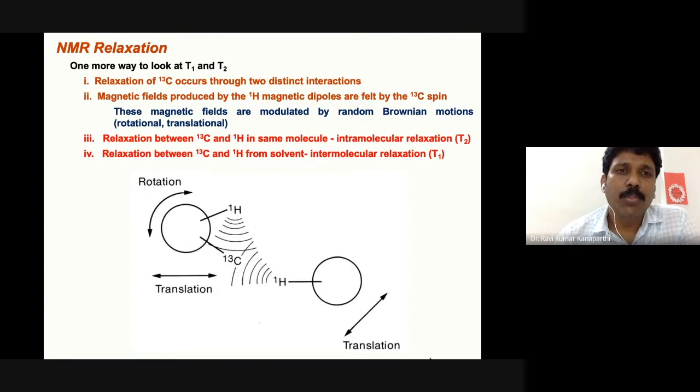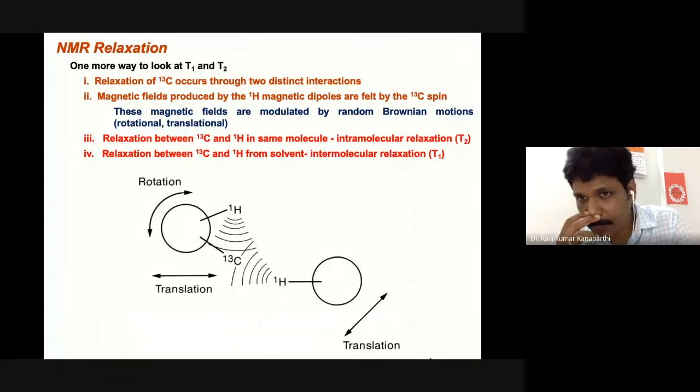If the system is insulated, then we will see a different situation. And how do you correlate these things in an actual molecule? In an actual molecule, we don't have only a single type of magnetically active nuclei; in most cases we have several magnetically active nuclei. So consider relaxation between a 13C and a proton within a molecule.